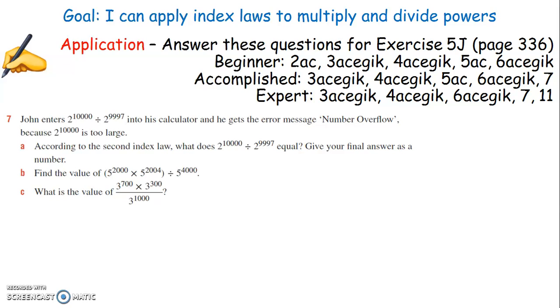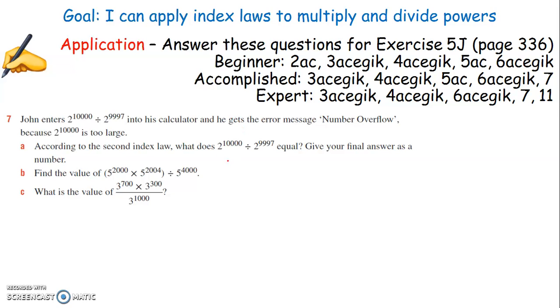All right. So as you can see here, this is an example where it's much better to use the index law rather than the calculator, because there's some things that the calculator just cannot calculate.